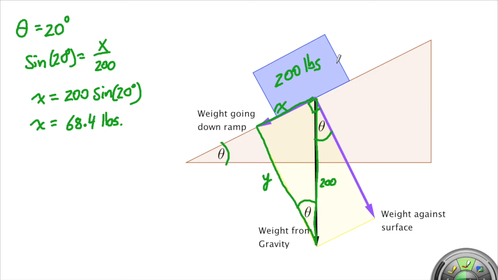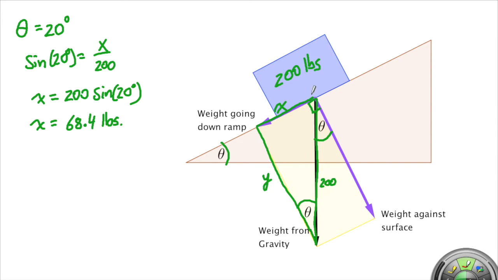To hold this object still, we would have to apply 68.4 pounds of force in the other direction. If this was a car, the car would have to have brakes that could handle 68.4 pounds of pressure in the opposite direction. So if you have weak brakes, your car is eventually going to start rolling down the hill.